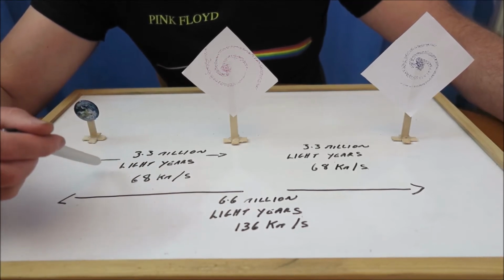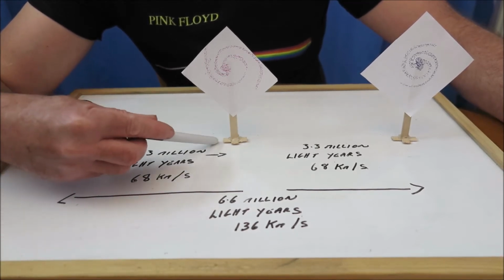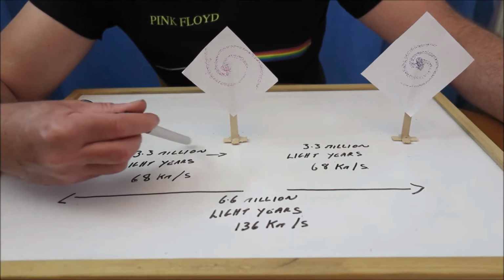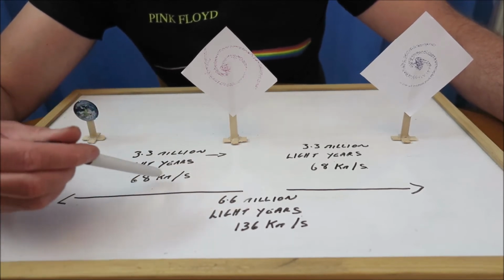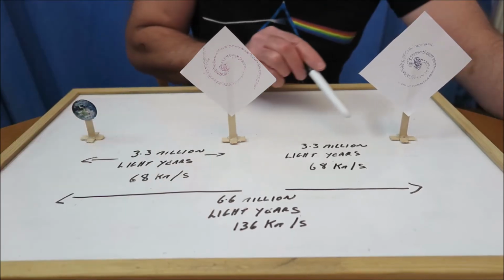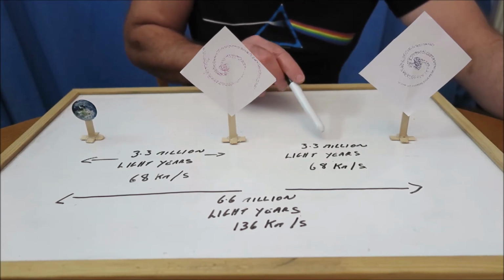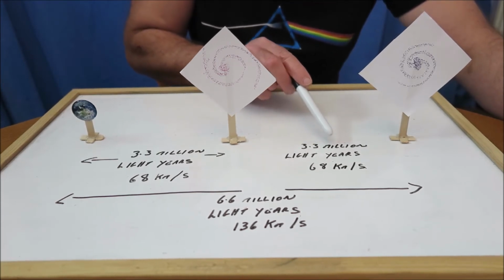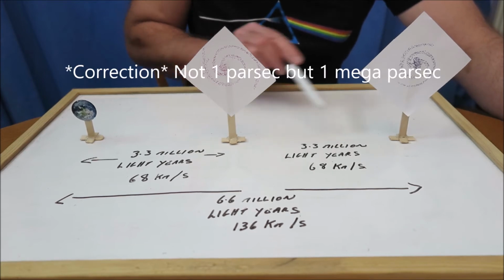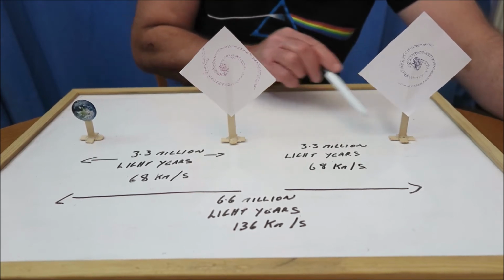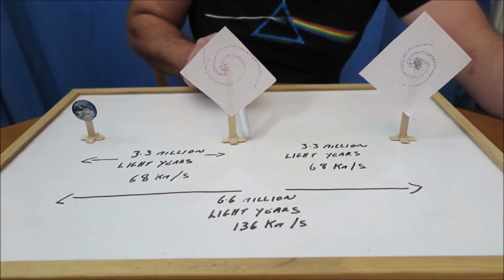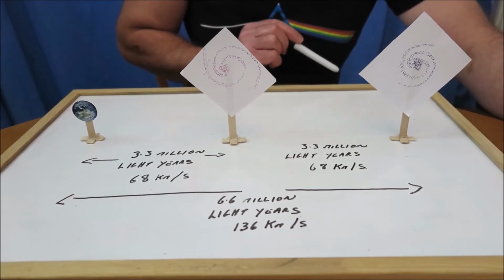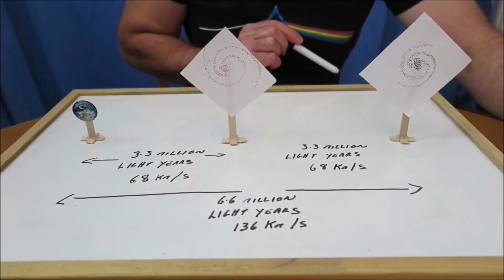So what Hubble is saying is that this galaxy is moving away from the Earth at 68 kilometers per second. Now we've got the second galaxy, which is 3.3 million light years, or 1 megaparsec, from the first galaxy. So this galaxy is moving away from this one at 68 kilometers per second.